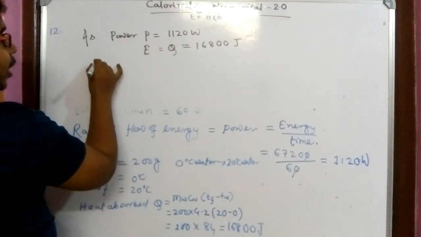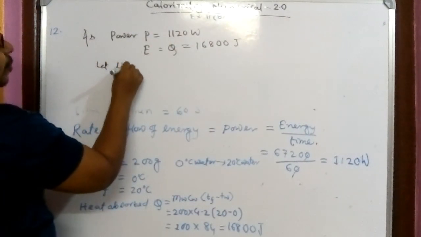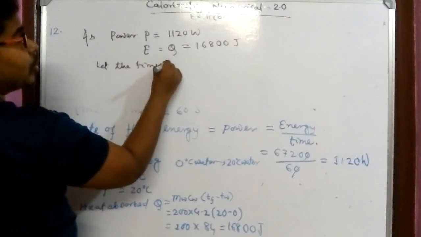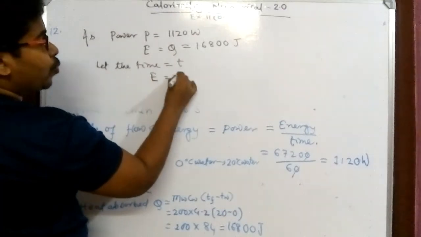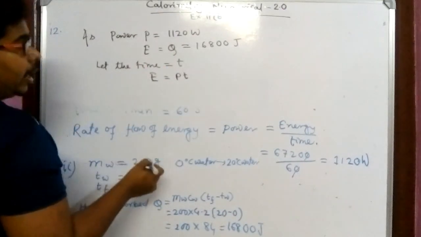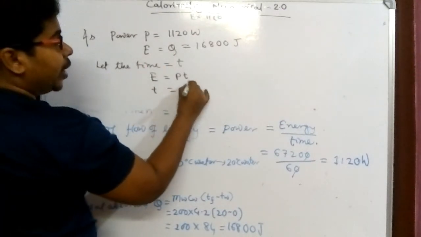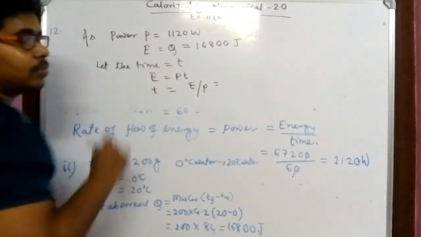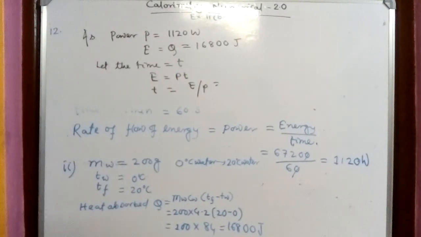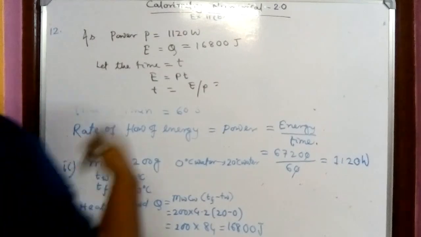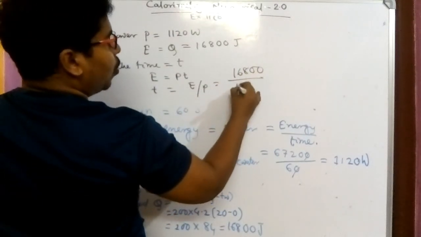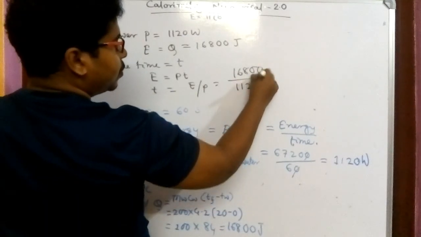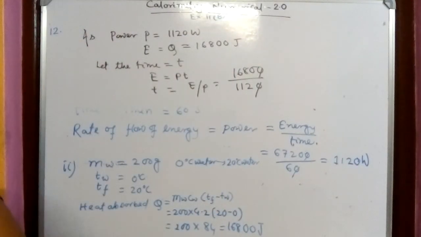Now you have to find time. Let the time be T, and we know energy equals power into time, so time equals energy by power, right? So time equals 16800 by 1120. Okay, if you calculate it, it will come 15.